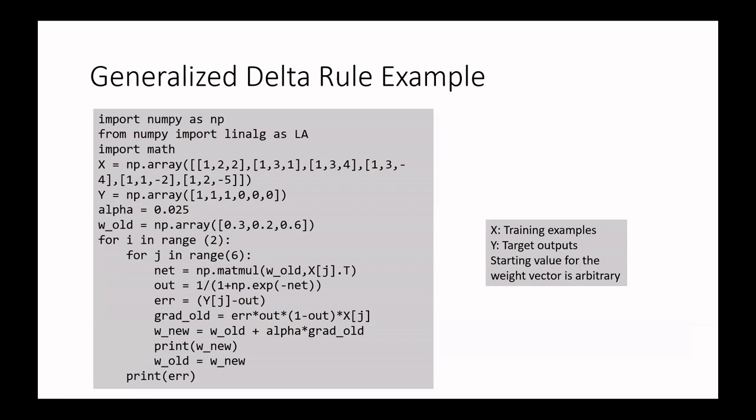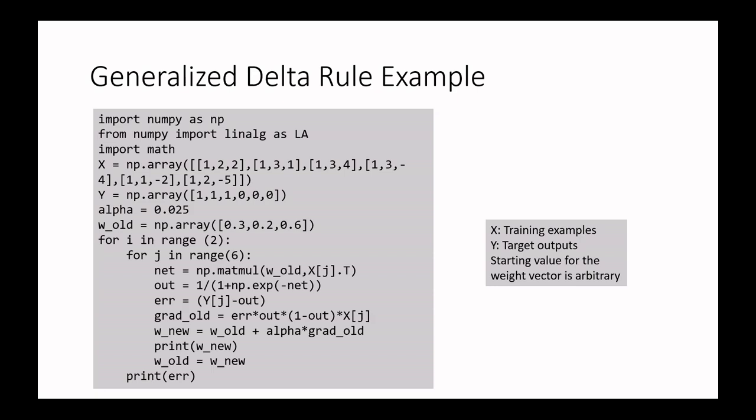We'll take a very simple example. We are given a few data points, or training vectors, coming from two classes. Basically we have 6 vectors.